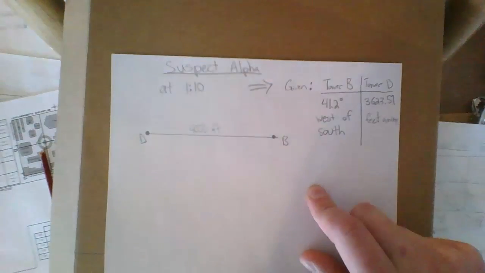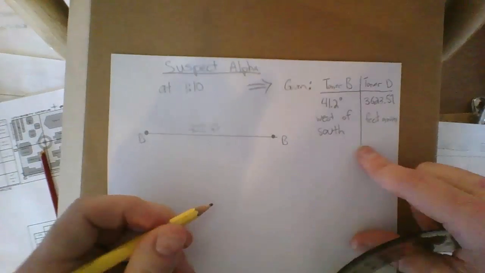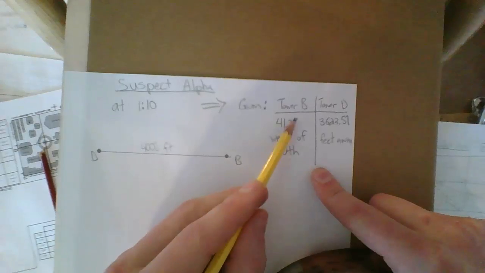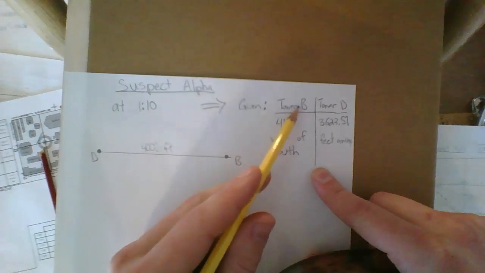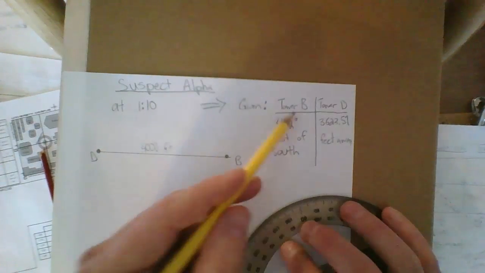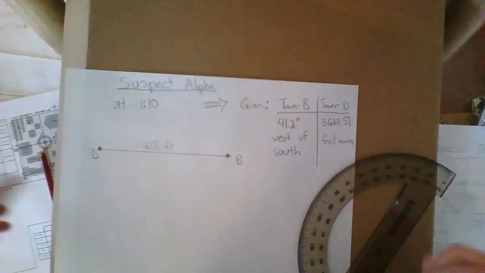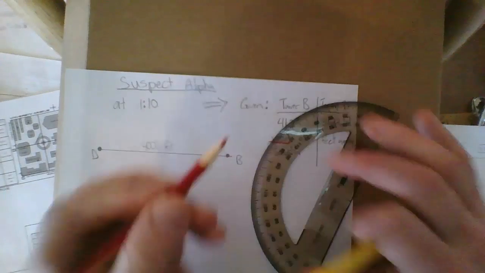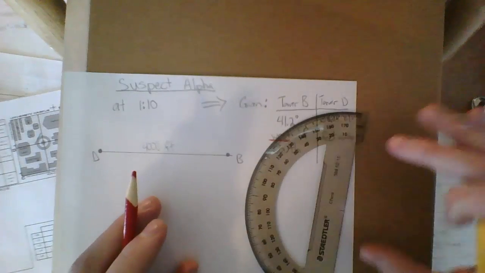That is always given. So now we are given one direction, 41.2 degrees west of south from tower B. So we're at tower B, we're going to use our protractor, and point the 90 degrees in the west direction from tower B.